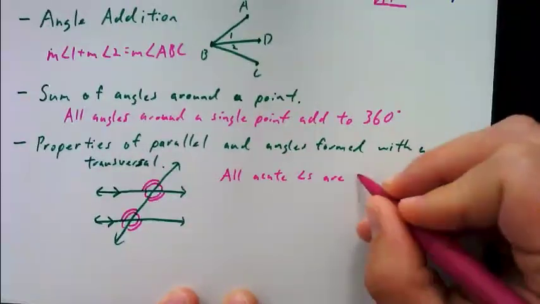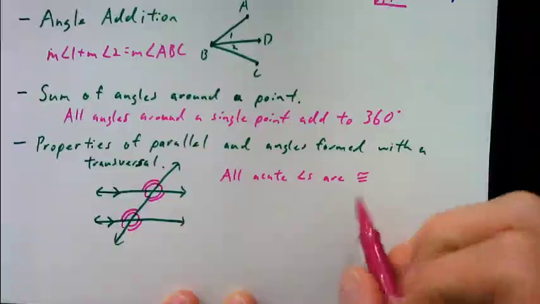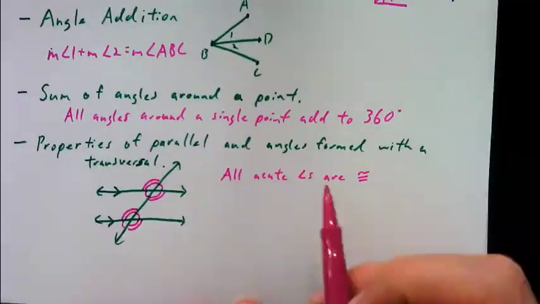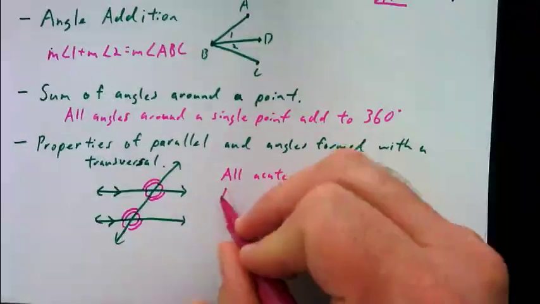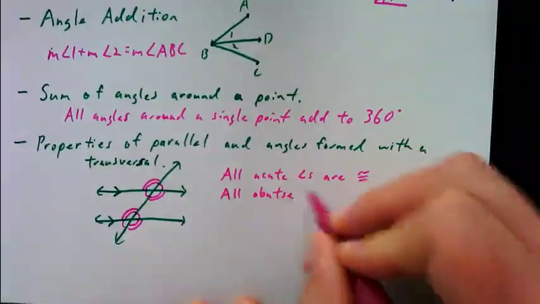Again, I do geometry all day long. I use a lot of abbreviations. So if you don't like to use abbreviations, this is saying all acute angles are congruent. So then all obtuse angles are congruent.